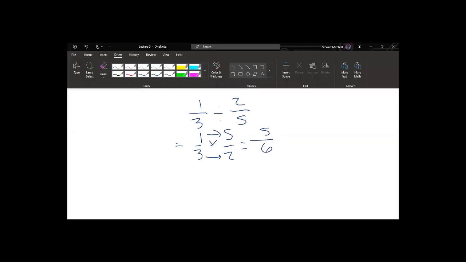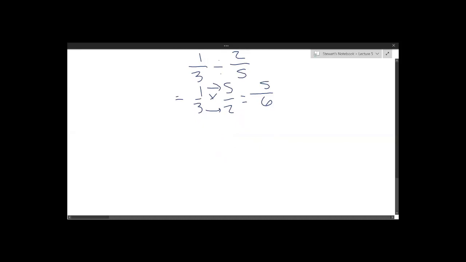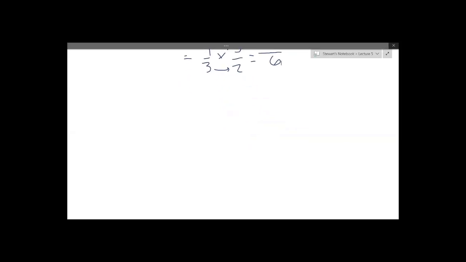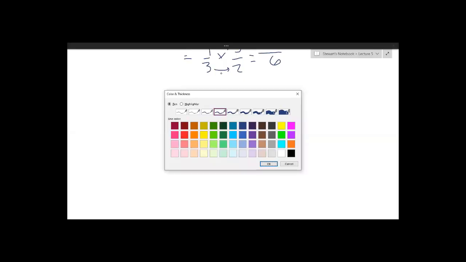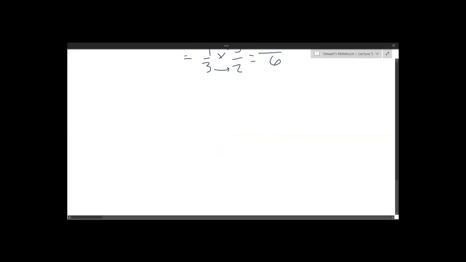You can take or leave this part if you care why this works at all. You don't necessarily have to for this. You just have to be able to do it and remember the rule.